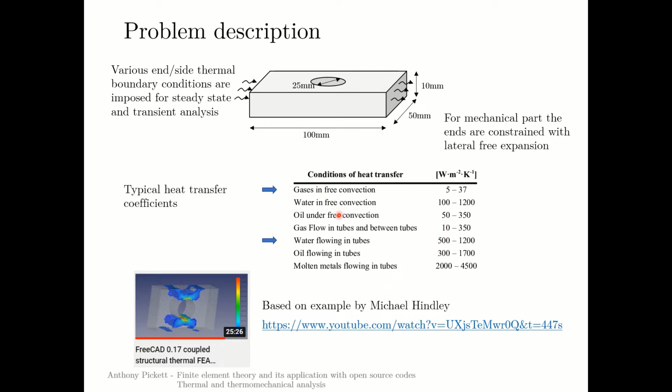If you are using gas in a free convection, this is typical heat transfer coefficients, and the default value in FreeCAD is 10, so I will use the default. If we are assuming, for example, water flowing through tubes, it's somewhere between 500 and 1200 heat transfer coefficient. I will use a value of about 700 or 800. So that's just to support some of the data we'll be using.